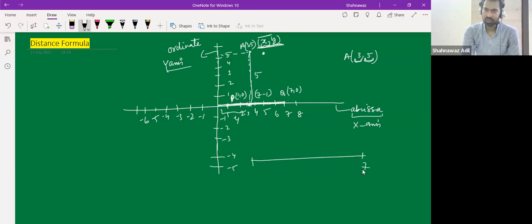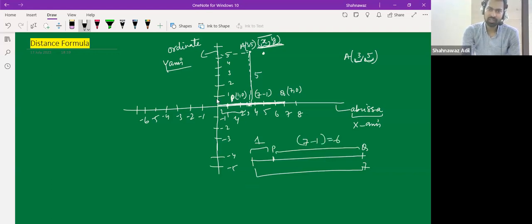And from here to here, this is 1, so this would be 7 minus 1, which is 6.